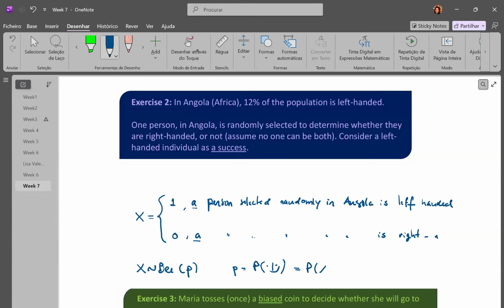Therefore, the probability of x answering 1. Now, please go back to the exercise. Can you tell me the value of p in this case? 0.12. 0.12. Exactly. Yes. Everyone is okay with this?